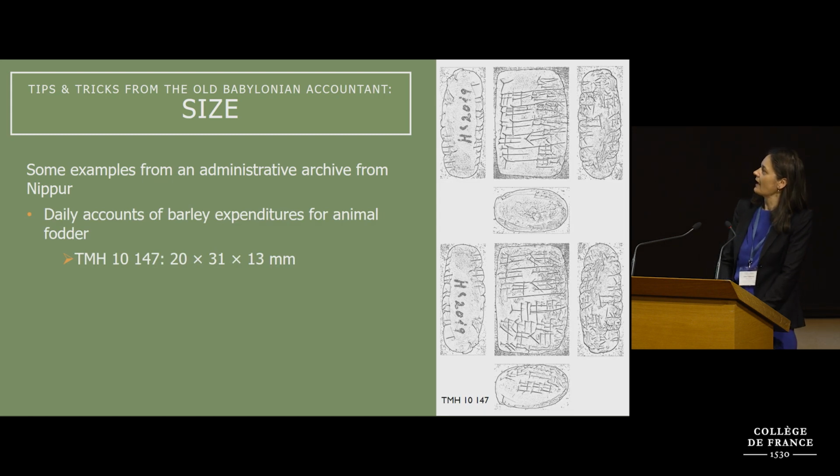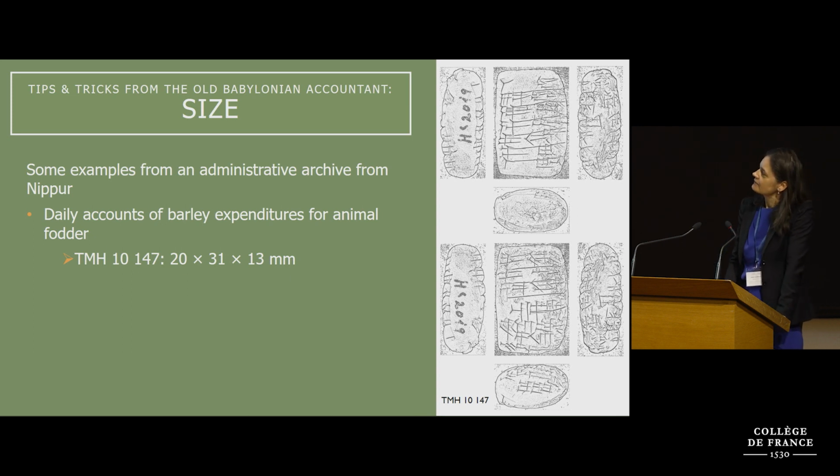So if we look at this administrative archive with the unusual month names, we see the best attested type of document is, because it's daily, every day they wrote a document like this, a fodder allocation to fatten animals.